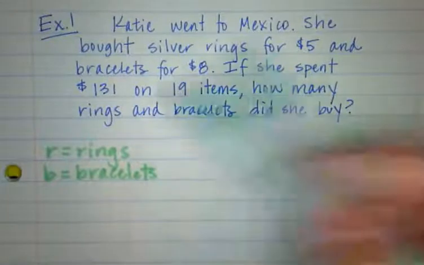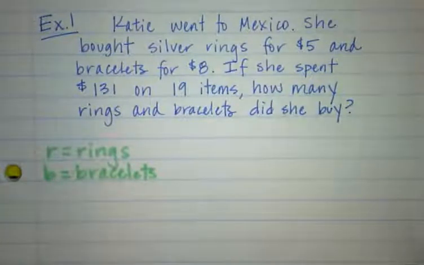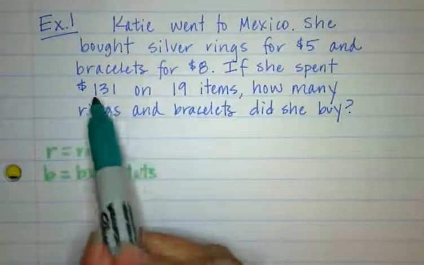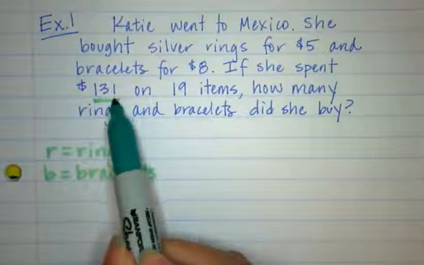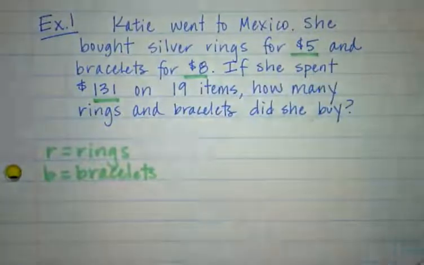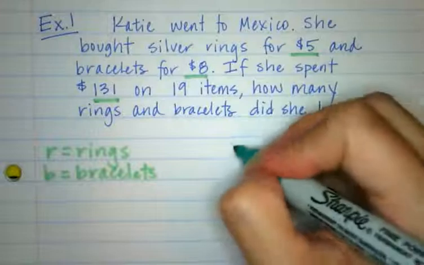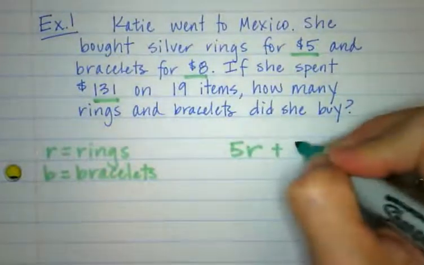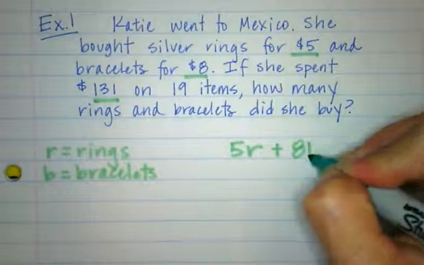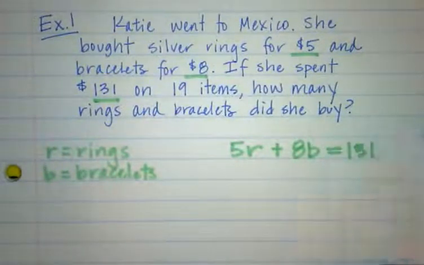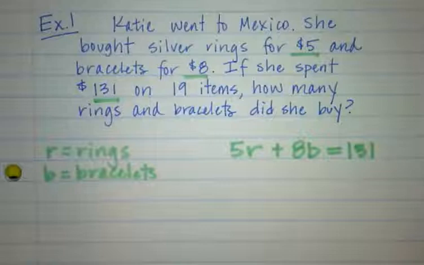Okay, so using this information, I need to come up with two equations. And whenever we write the equations, the information has to be related. I know that she spent $131. The bracelets were $8 and the rings were $5. So my first equation is $5 for each ring plus $8 for each bracelet came to a total of $131.